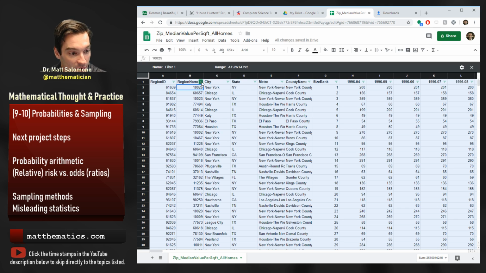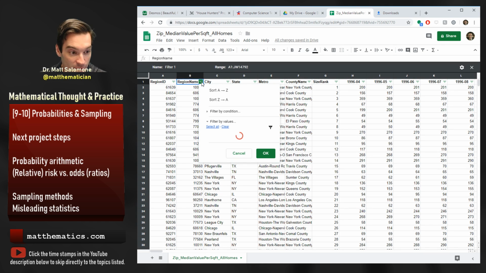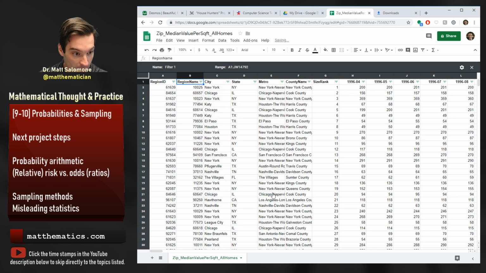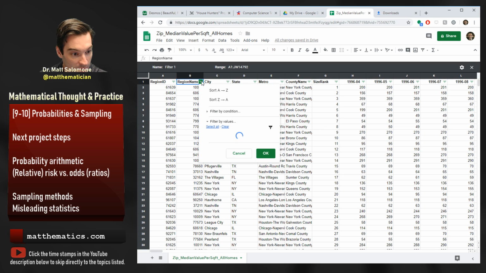This is still going to be a little bit slow, but once the filter is created, I can click on this zip code drop-down over here, region name, and type in the one that I want, 90210. I want to clear all the other ones and select only the one that I want. Again, it's probably going to be a little bit slow.